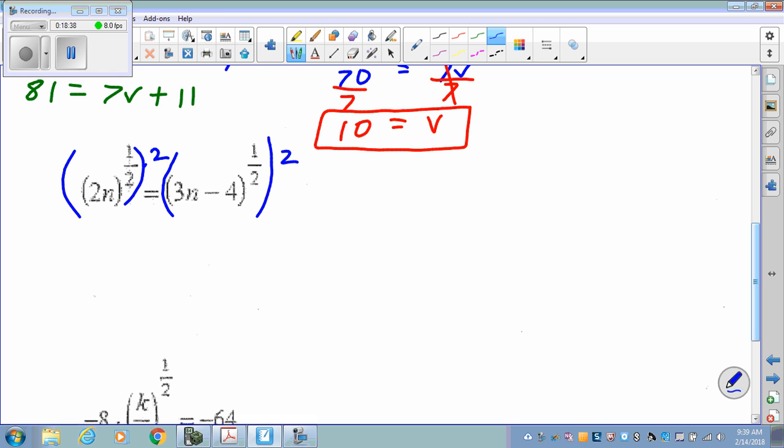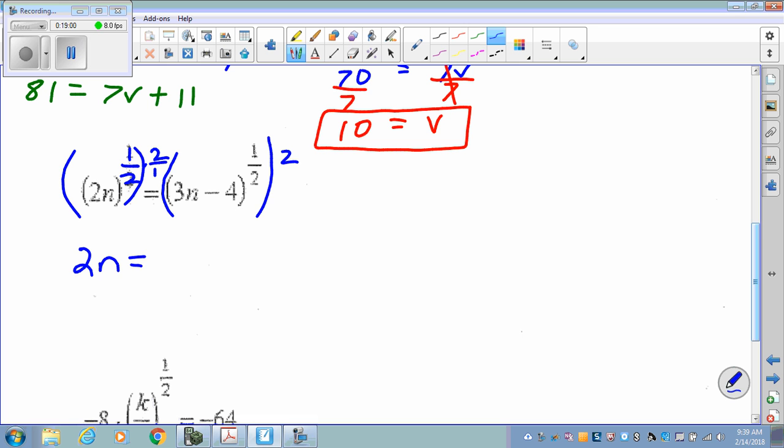And then I'm going to use that power of a power rule. Power of a power, you multiply these together. Well, 1/2 times 2 over 1 is 1. And anything to the 1 power, or first power, is just that thing. Okay? And that's, again, what makes it an inverse.